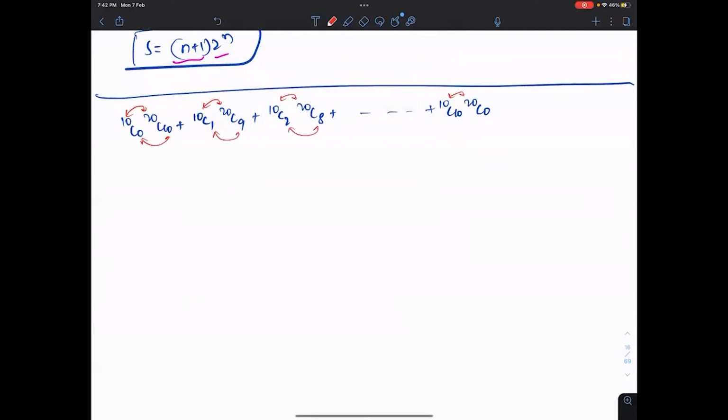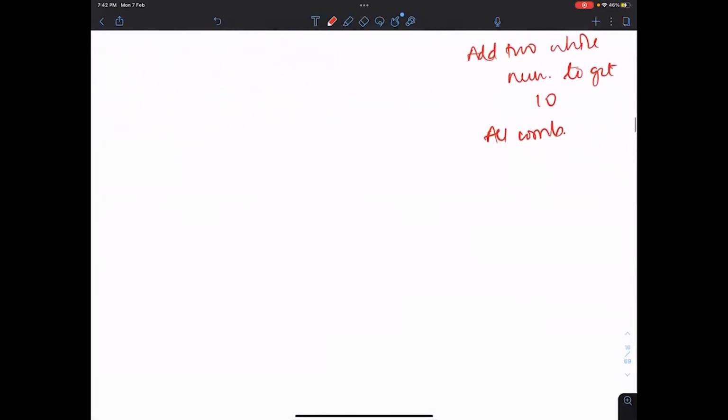And if I ask you, add two whole numbers to get 10, all combinations. That means if two whole numbers are added, how do you get 10?